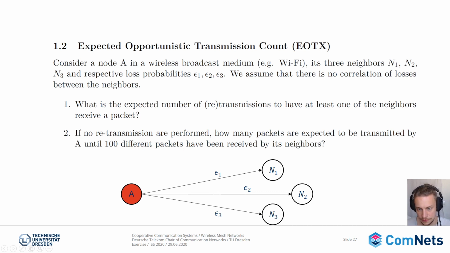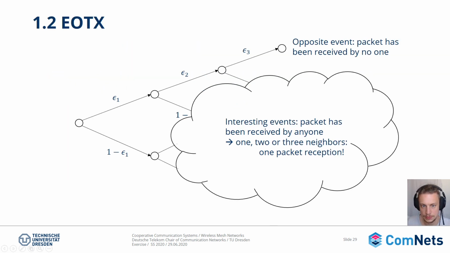So if 2 neighbors receive the same packet, this is just counted as one reception event, like shown in this cloud here, and we see that even if 2 or more neighbors receive a packet, it's one packet reception. And that's why we can still use this opposite event to calculate it.